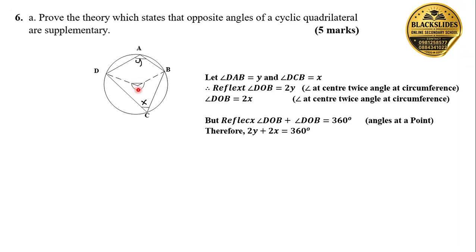This angle is 2y, this angle is 2x, added together, it's going to give us 360. So 2 is common, we can factorize this. Factorize the 2 and divide both sides by 2. That gives us x plus y equals 180 degrees, which is what the question asked us to prove.